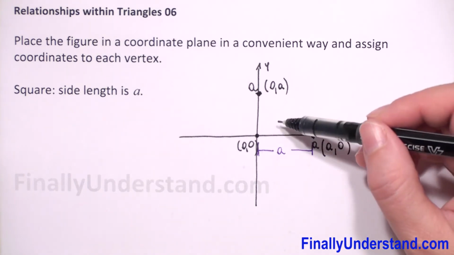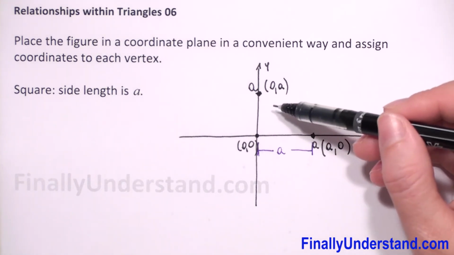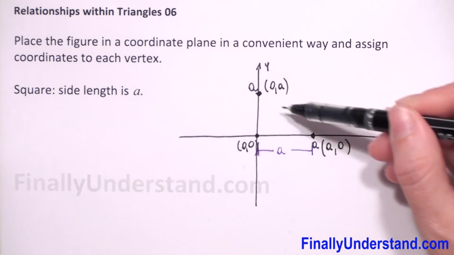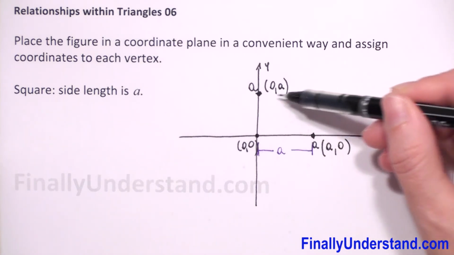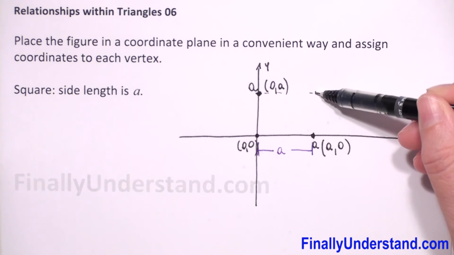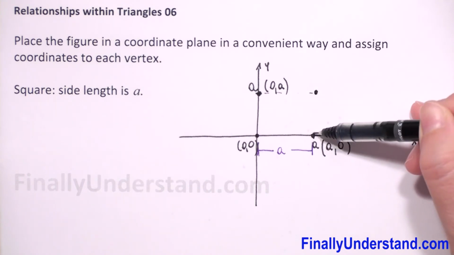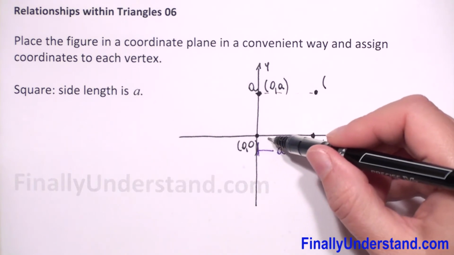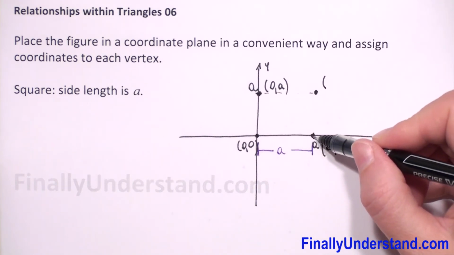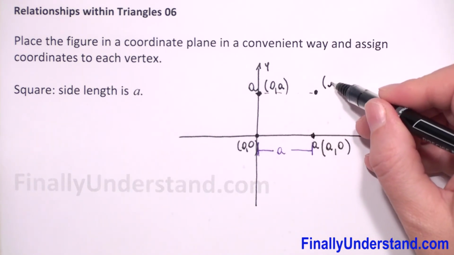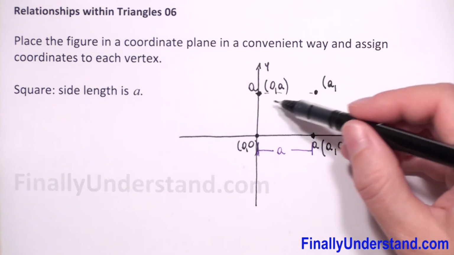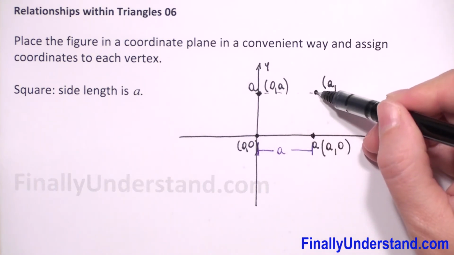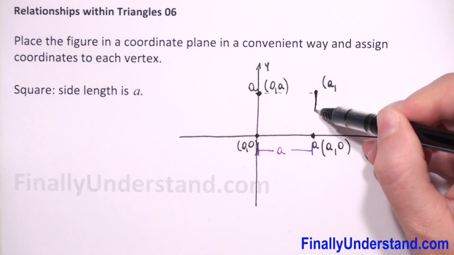And we know that this side must be parallel to that side. So the first coordinate must be the same as this point, so we have a, and that side is parallel to this side.